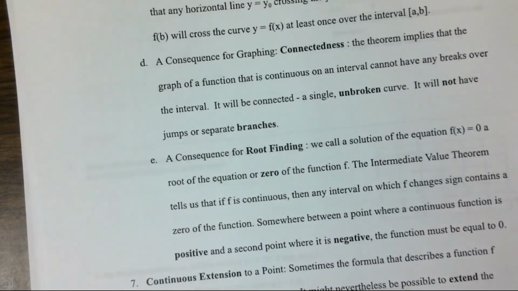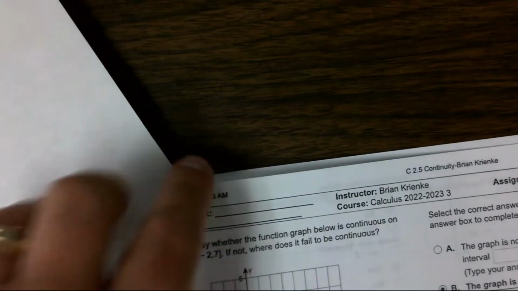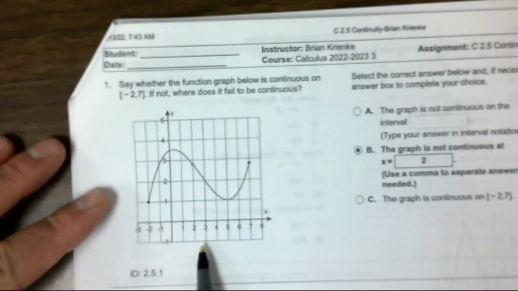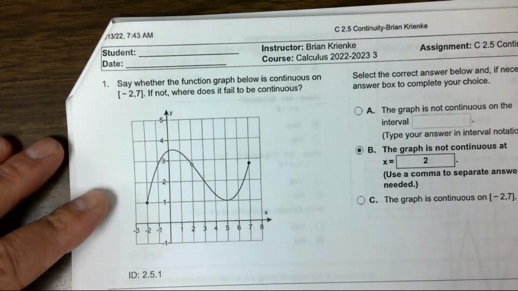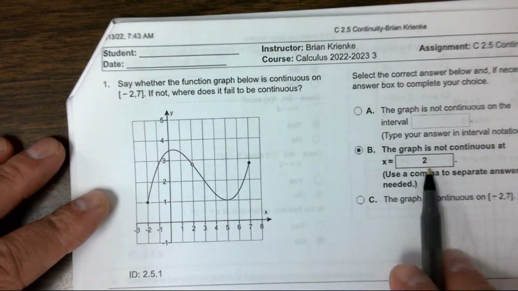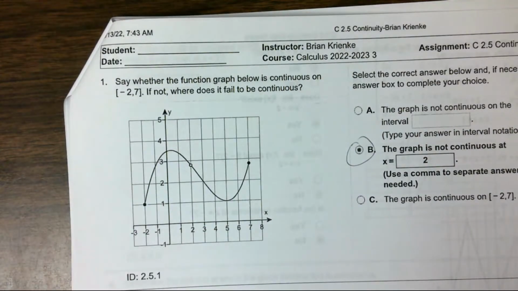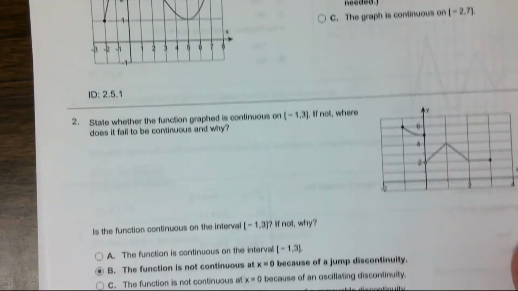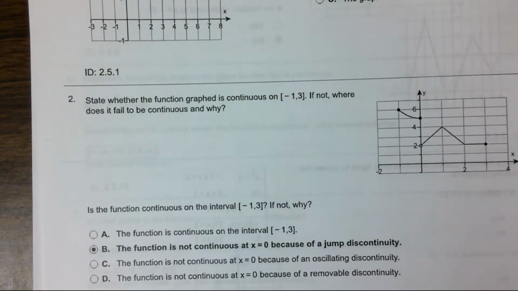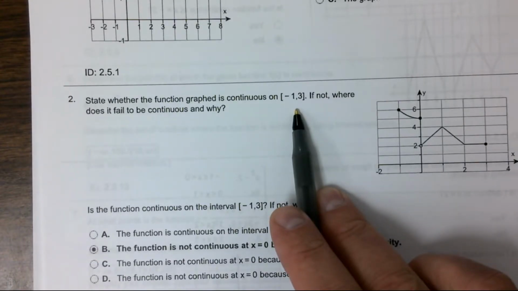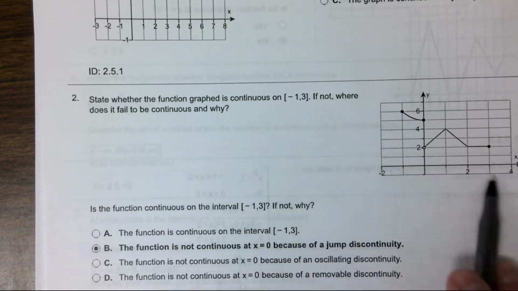Okay. So let's jump to the problems because I think those are the most helpful parts. On this one, there is a hole in the graph at 2, so it's not continuous at 2. Very simple. That's where the bubble was. And now pay attention to your interval, because in this one they want from -1 to 3. Oh, I guess that's the whole thing.